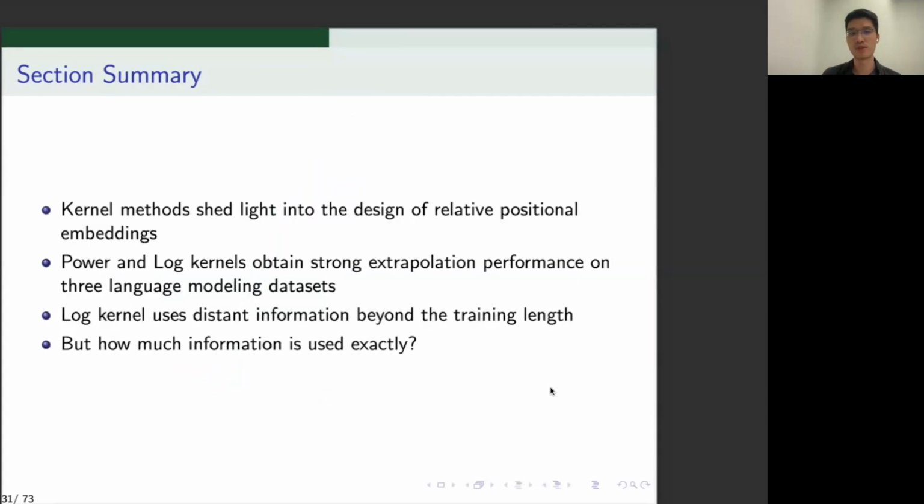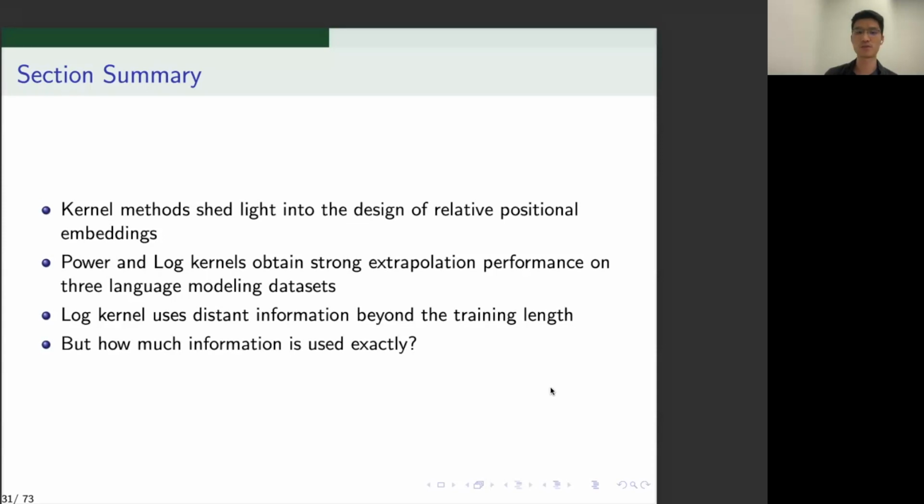Let me briefly summarize this section. We use kernel methods to shed some light on the design of relative positional embeddings. We propose two kernels, power and log, and they obtain pretty strong extrapolation performance on language modeling datasets. And we use the position-wise perplexity evaluation figure to show that the log kernel seems to use distant information beyond the training length when we increase the testing sequences.